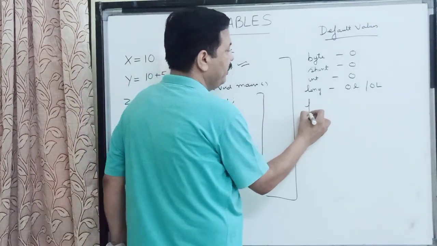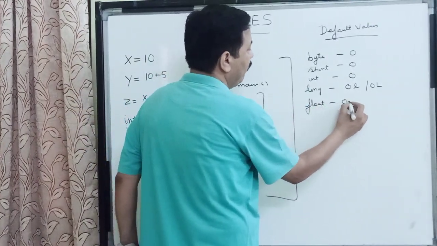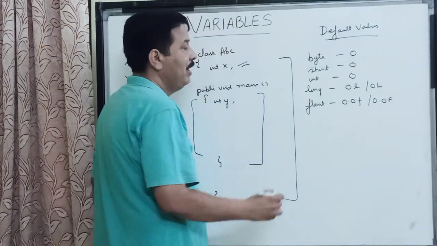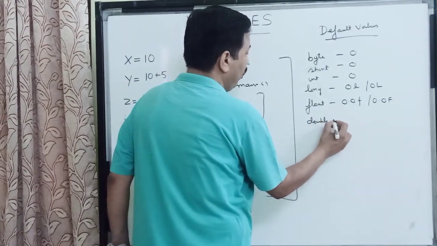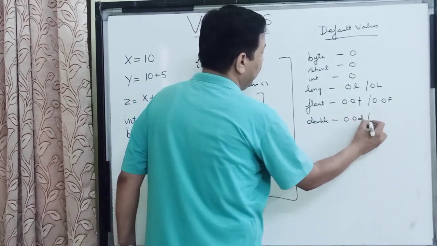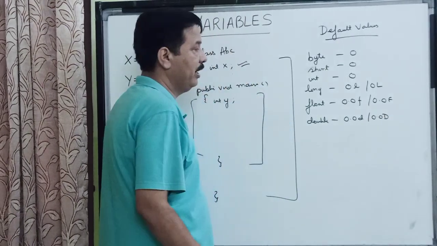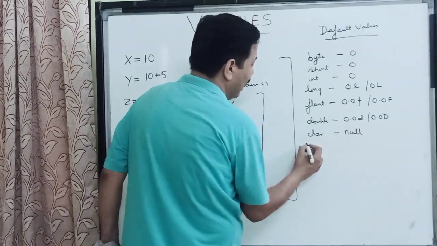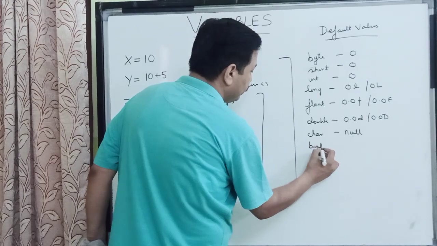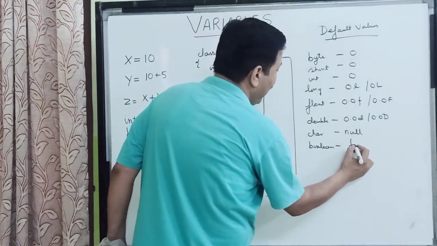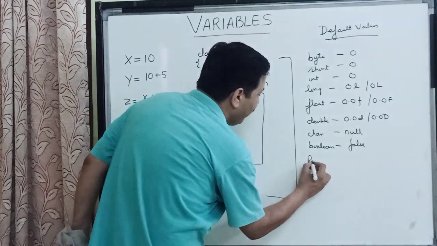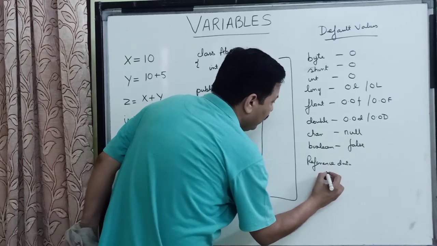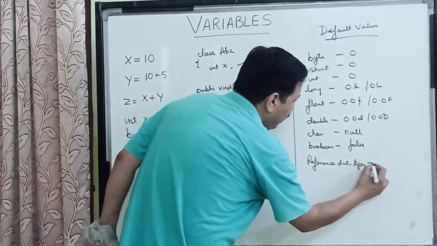Then we have the next data type, float, and for float the default value is 0.0f, small f or capital F. Then we have double, and for double the default value is 0.0d or 0.0D. For char, the default value is null, and for boolean, the default value is false. And for any reference data type, we have studied about reference data types, the default value is null.